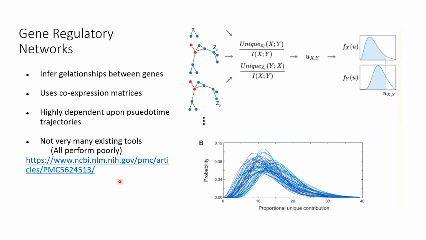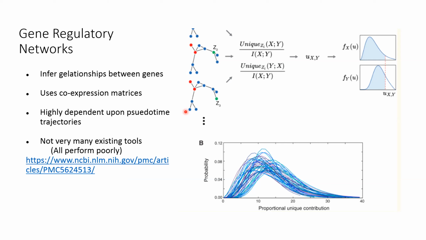So another direction the field is moving in is toward inference of gene regulatory networks. And this approach attempts to infer relationships between genes as a way to predict differences in gene expression dynamics across trajectories of cells. And in single-cell RNA-seq studies, it uses co-expression matrices as the input, and it's highly dependent on pseudotime trajectories.